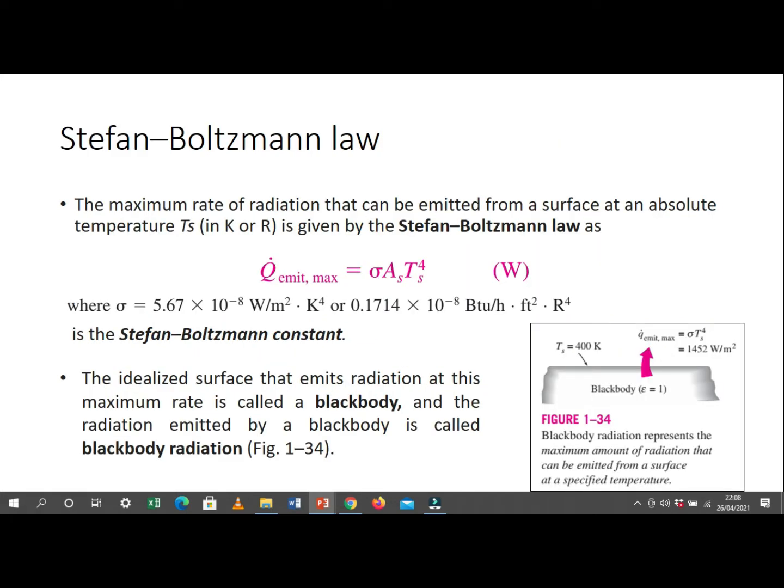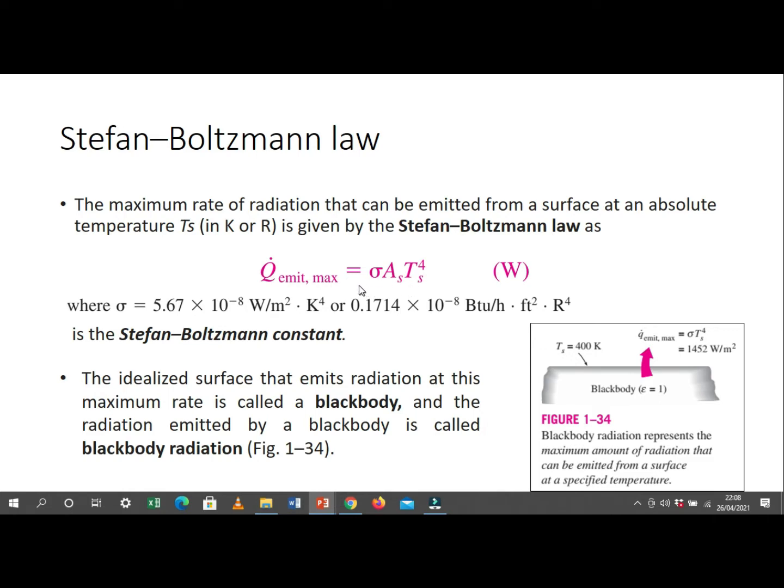So the heat transfer by thermal radiation is explained by the Stefan-Boltzmann law. The rate of heat transfer is directly proportional to the fourth power of the surface temperature of a particular object. So there is a directly proportional relationship between the rate of heat transfer and the fourth power of the temperature of the surface of the body.